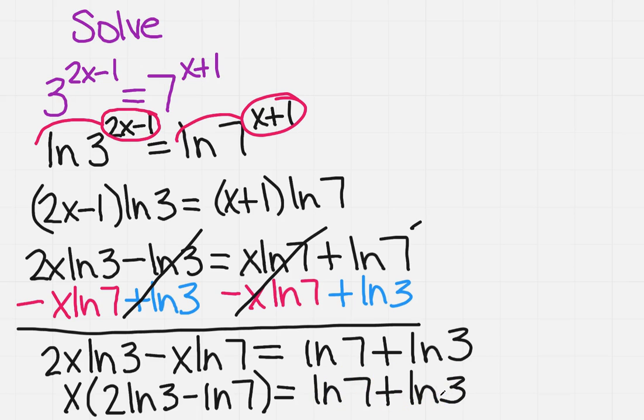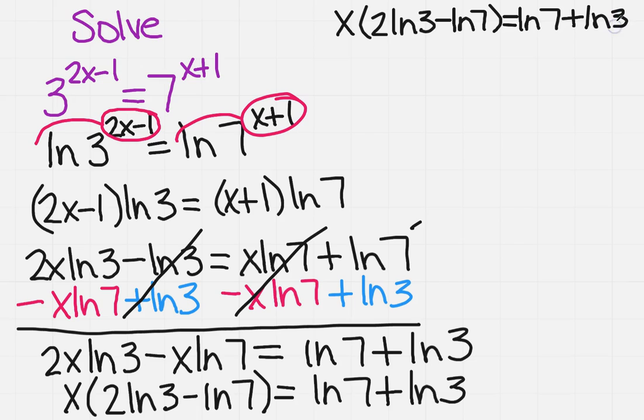As with all good long problems, I've run out of room. So I'm going to copy that up here at the top again. So I've got x times 2 ln 3 minus ln 7. Hopefully you're working on a sheet of paper and then you can just write stuff to kingdom come. Now if I want to get x all by itself, I need to divide both sides by everything else.